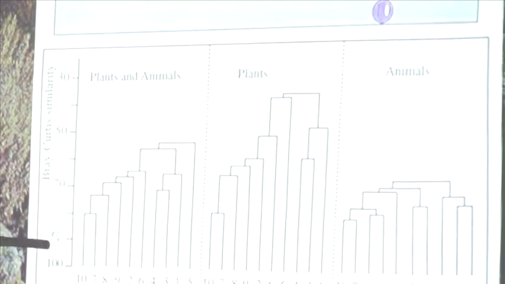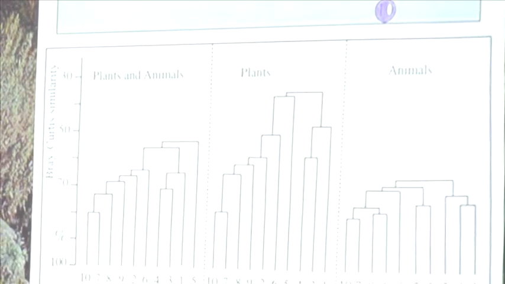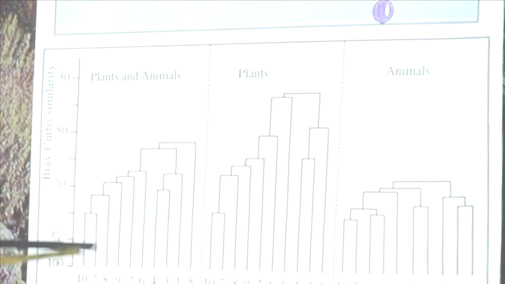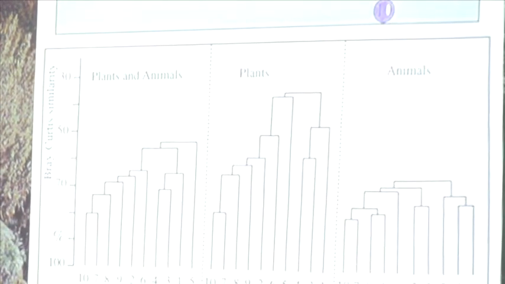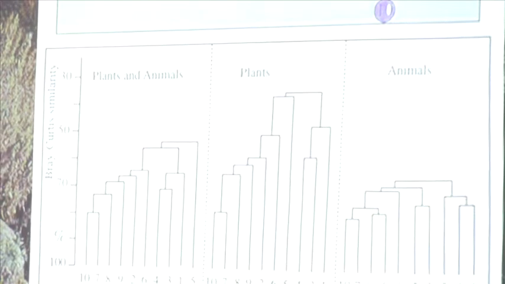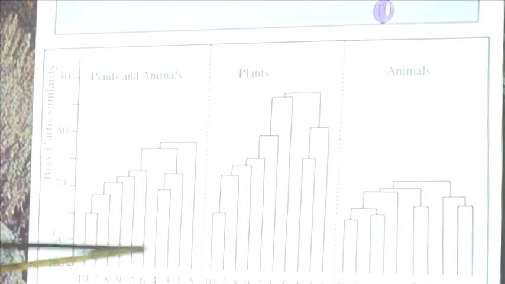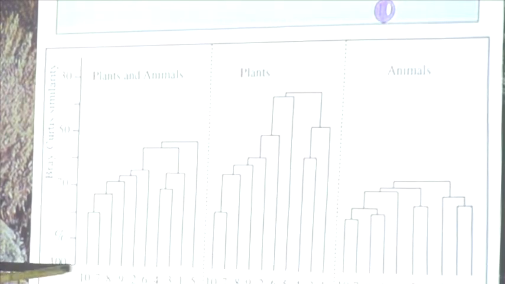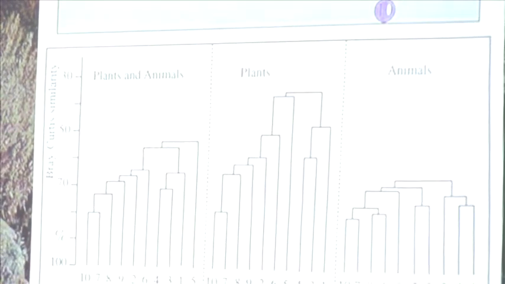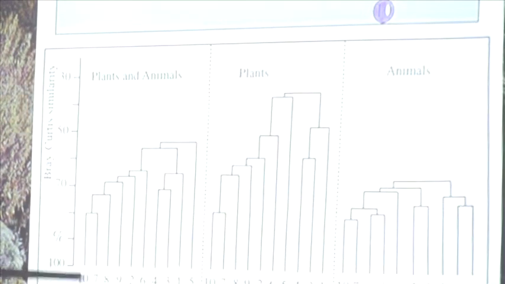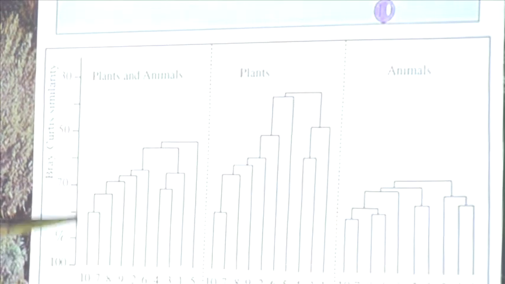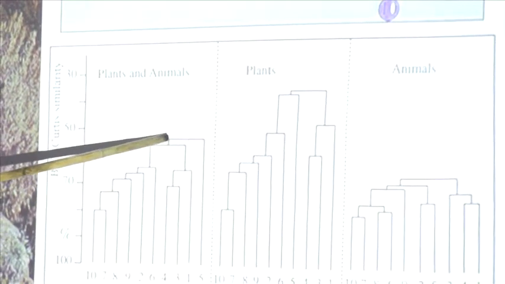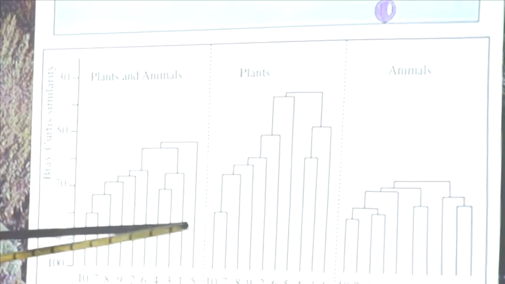And you can also just look at the occurrence of species in the simplest form. This one is, I think, based on biomass. This graph shows similarity. 100% means that the two stations are exactly the same. And then there is a 50% difference between this one and the rest.